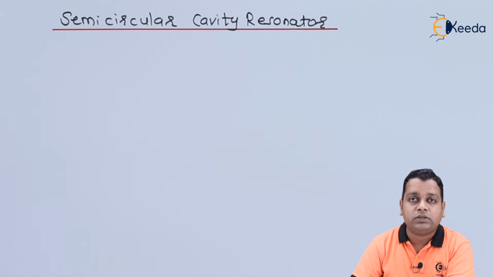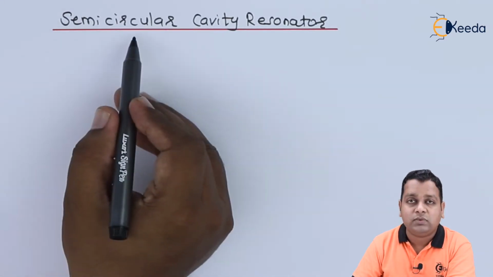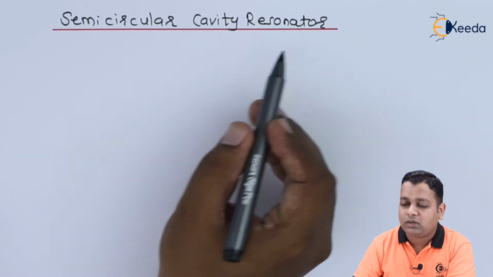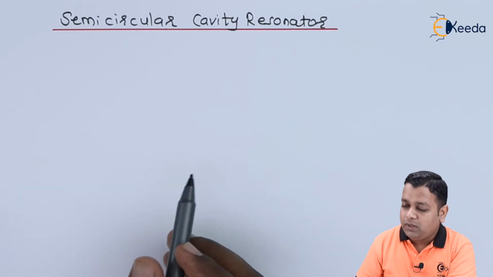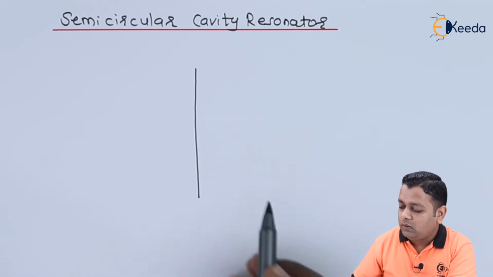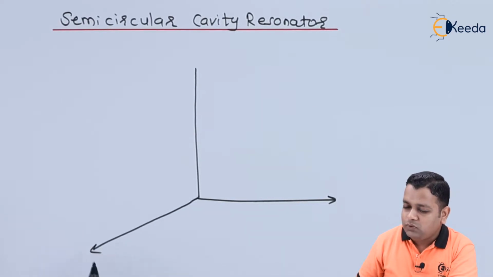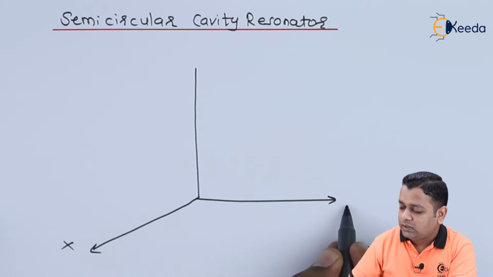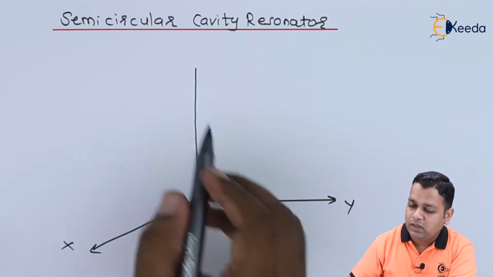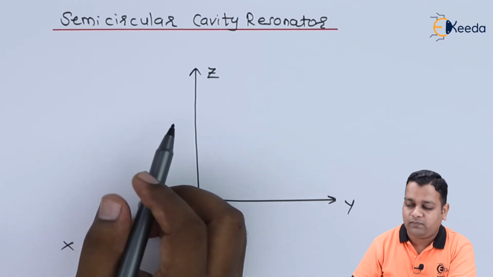So let us first of all draw a schematic diagram to show you how exactly the semicircular cavity resonator can be. Here we take the help of three axes from the rectangular coordinate system. These three axes are mutually perpendicular to each other. Let us say this is the positive x direction, positive y direction, and this is the positive z direction.